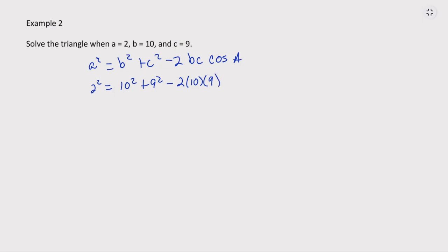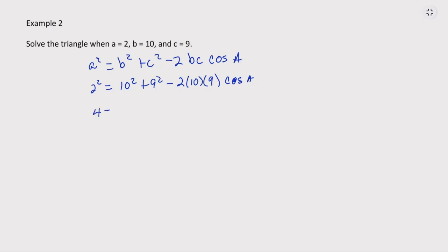So this would be A squared equals B squared plus C squared minus 2BC cosine of A. So this would be 2 squared equals 10 squared plus 9 squared minus 2 times 10 times 9 cosine of A.